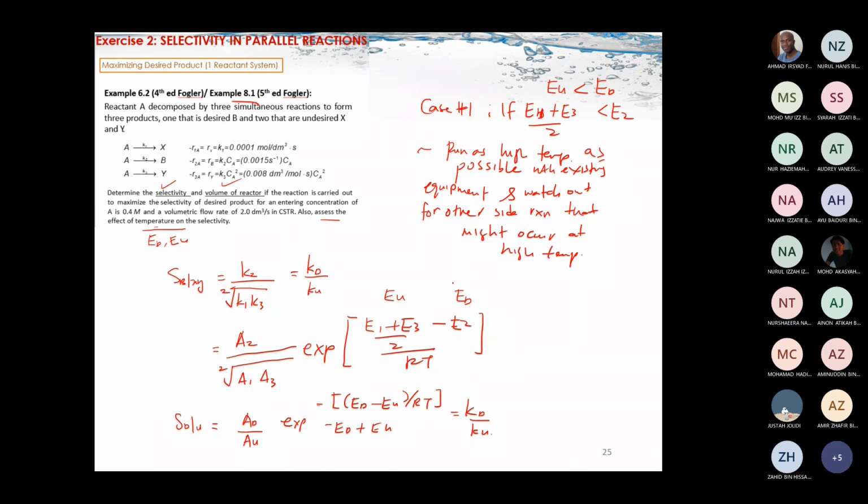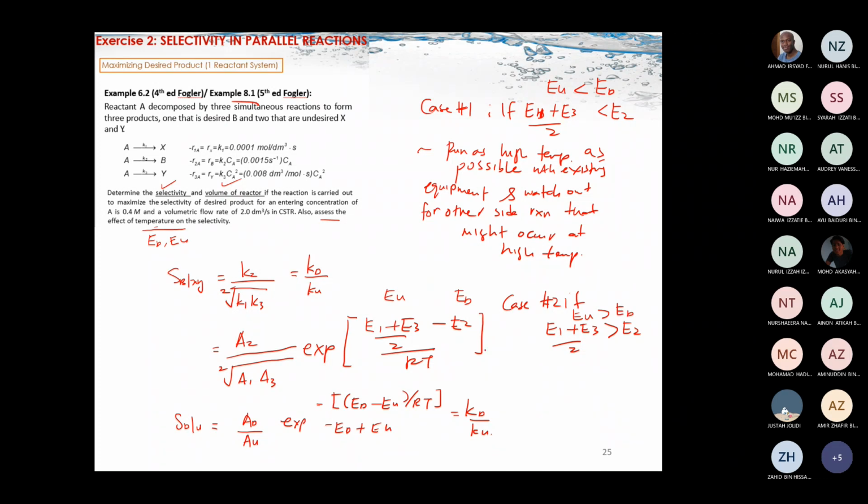Okay, and then we have another one which is case number 2. If E1 plus the E3 over 2 lebih daripada E2, means that EU ni sekarang lebih daripada ED.